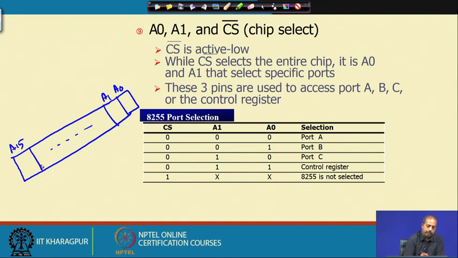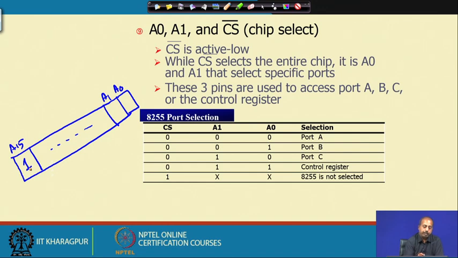In my case, whenever A15 is equal to 1, it will mean that 8255 will get selected. For the rest of the memory modules, A15 is equal to 0, and the decoder will not select those modules if A15 is equal to 1. So this selects the 8255.